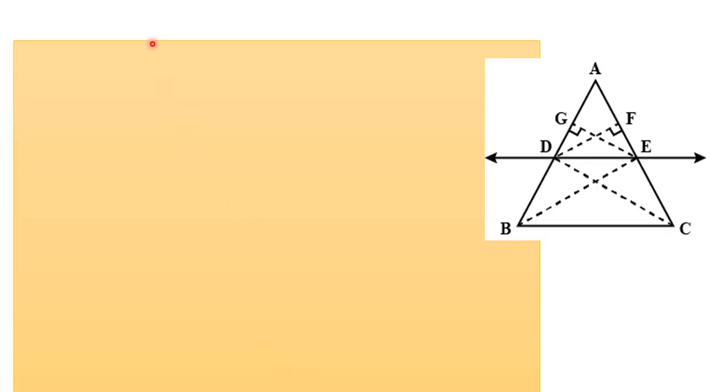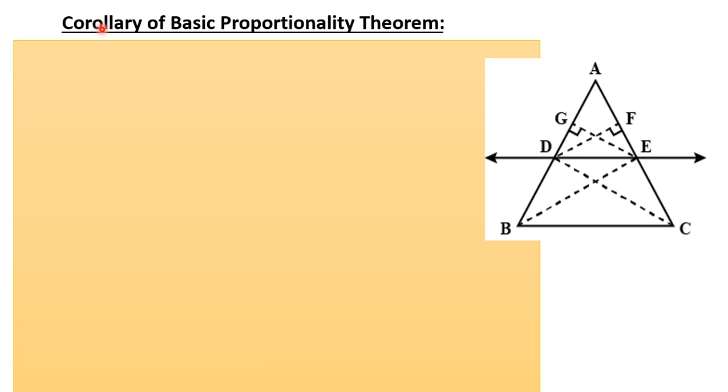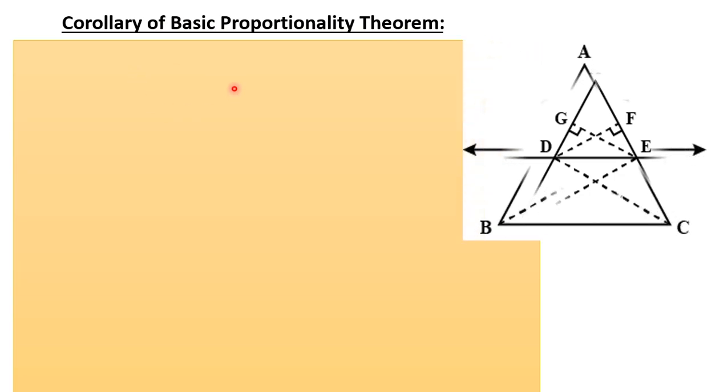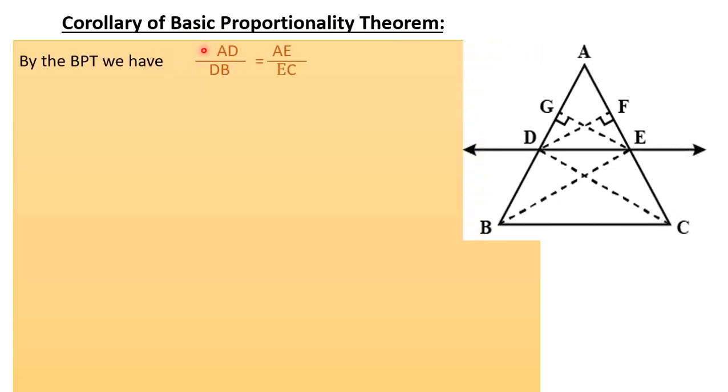Now we talk about the corollary of the basic proportionality theorem, that is, the other forms of the BPT. As we have AD upon DB is equal to AE upon EC, we can add 1 in this equation.